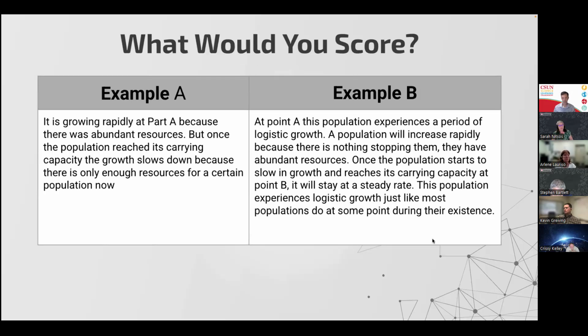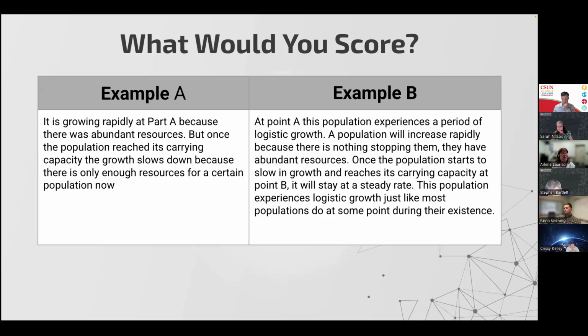So let's look at some different exemplars. I think we have time where you can just respond in the chat. This is out of 2 points. For example A, it says it is growing rapidly at point A because there was abundant resources.